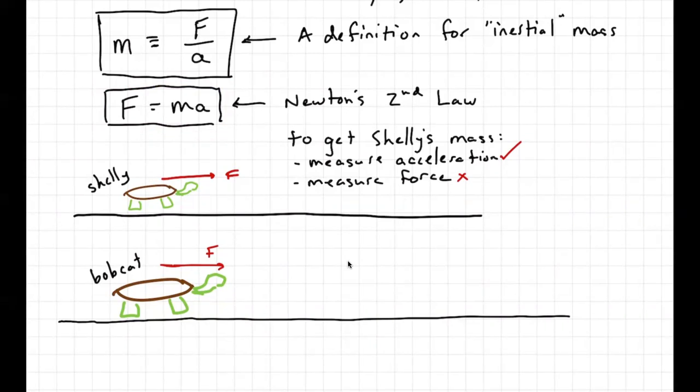So let me propose a different way to think about Shelley's mass. Let's compare the way that Shelley responds to the force to the way that Bobcat responds to the force.